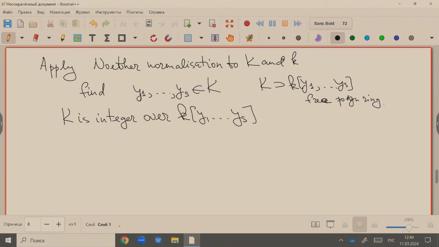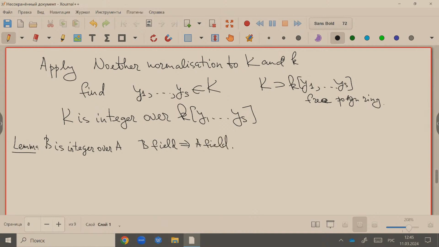Then we apply the following. It is integral over y1, ..., ys, but we have a lemma. Let us recall my favorite lemma: if B is integral over A, and B is a field, this implies that A is a field.